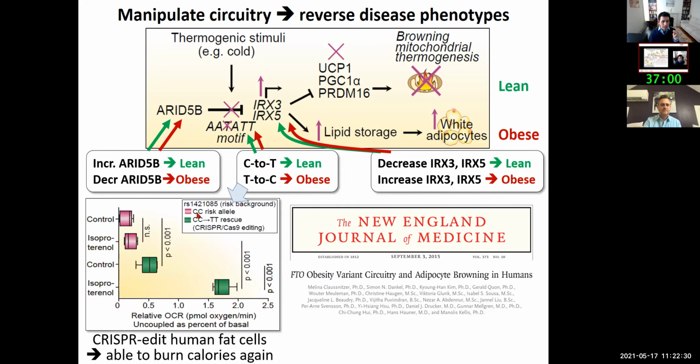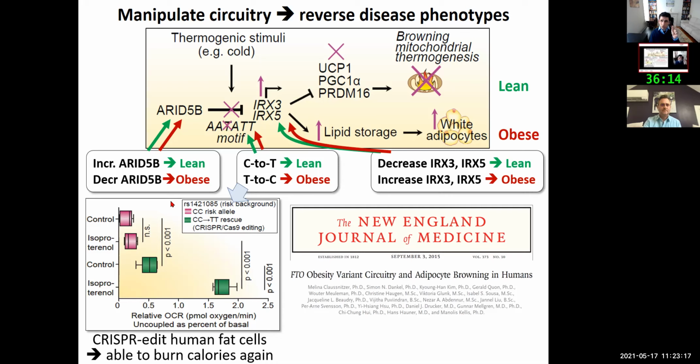In particular, if we take primary adipocytes from homozygous risk individuals that carry the CC allele, who like me are unable to thermogenize both in the basal conditions and in the stimulated conditions, and we turn on this binding site for ARID5B by switching this C into a T that this AT-rich interacting domain loves, we see restoration of binding, restoration of repression for IRX3 and IRX5, and most importantly, restoration of the cellular signature of thermogenesis, namely oxygen consumption rate as a percent of basal, which turns back on both in the control and in the stimulated condition.